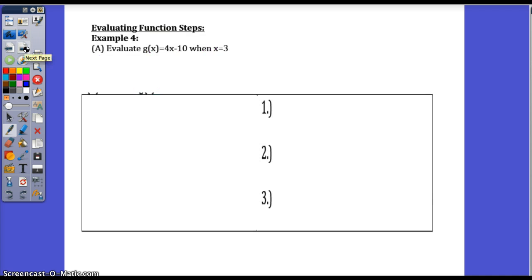Let's do a couple of steps that make life easy. I'm going to evaluate g of x. Remember we said it could be a couple of things. g of x equals 4x minus 10 when x equals 3. So the first thing you're going to do is write the function. We know that g of x equals 4x minus 10.